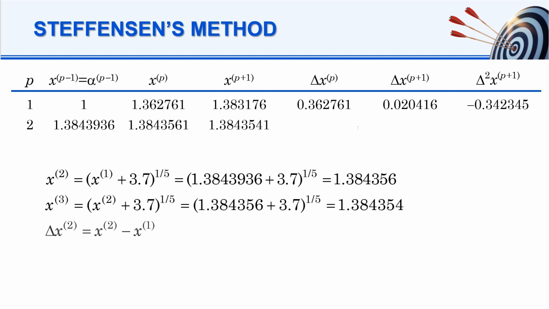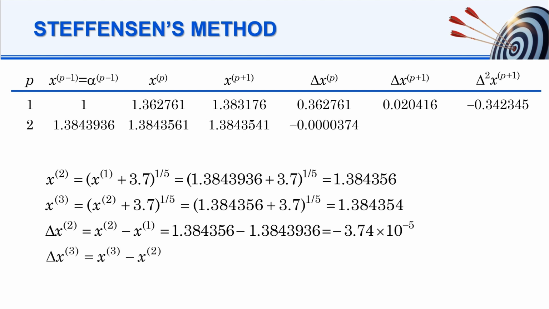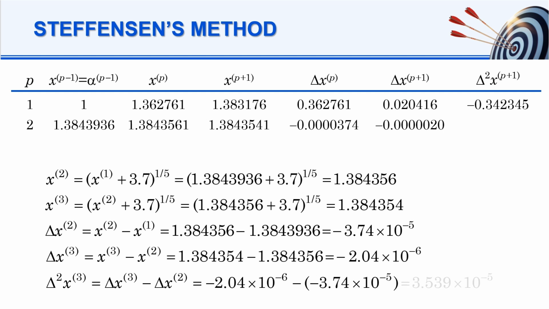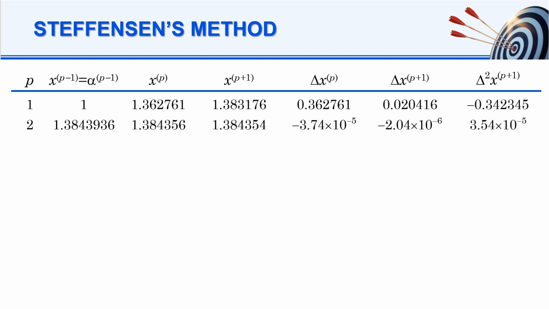Then, the first and second differences are calculated as shown. Using x3, delta x3, and delta squared x3, we calculate alpha 2 as follows.